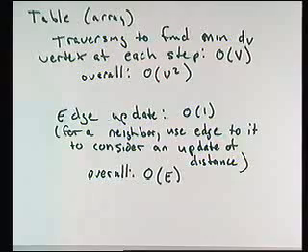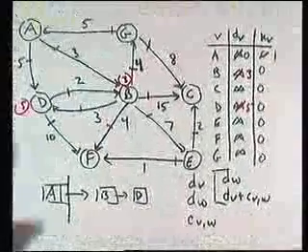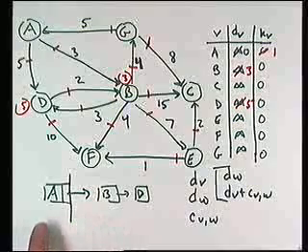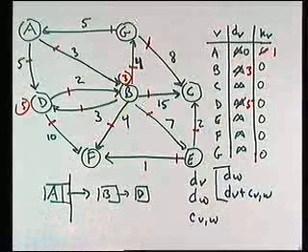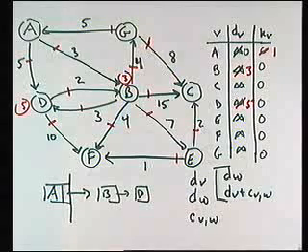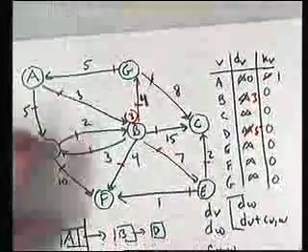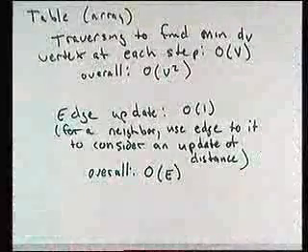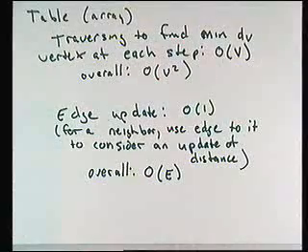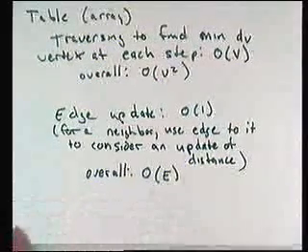But at the very least, we will say for every edge: here's my source, and now here's my target, and consider the edge from that source to that target and ask if that edge should cause an update or not. That process will take constant time, whether the update is caused or not. We at least have to do the comparison. And so as a result, every departing edge will force us to consider an update, and there'll be E edges, and we'll have to look at each of them once. And so overall, that'll take order E time.